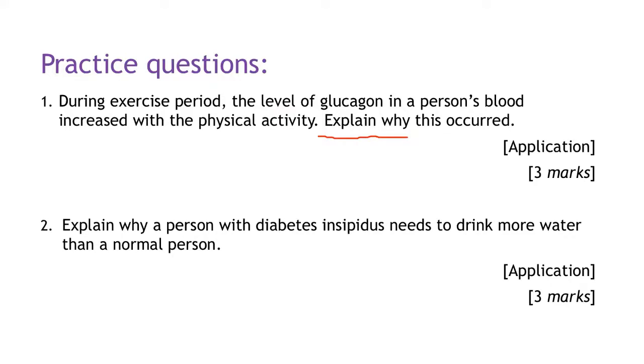Question 2. Explain why a person with diabetes insipidus needs to drink more water than a normal person. This is application question, 3 marks. Do these two practice questions and discuss the answers with your biology teacher.